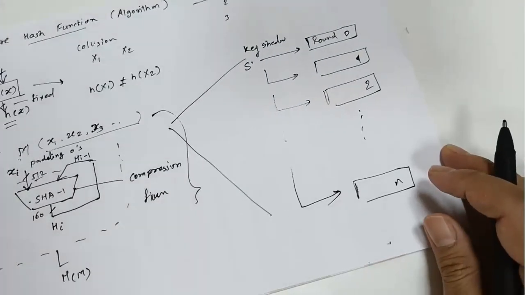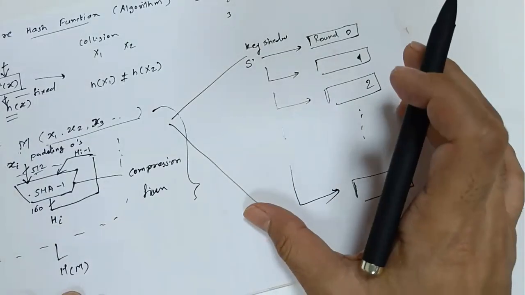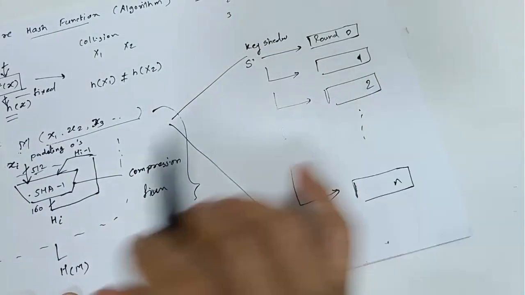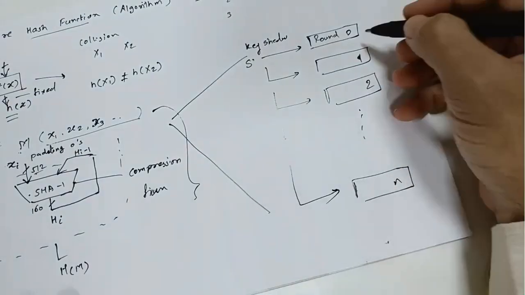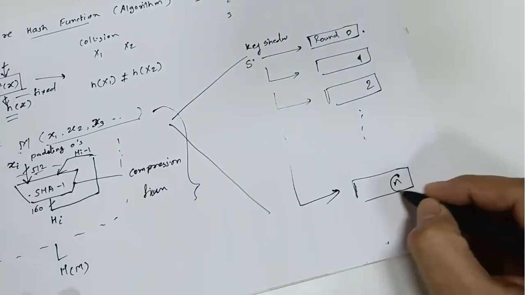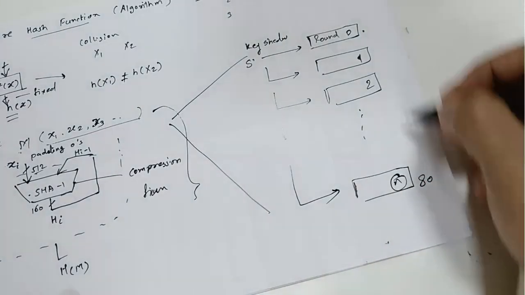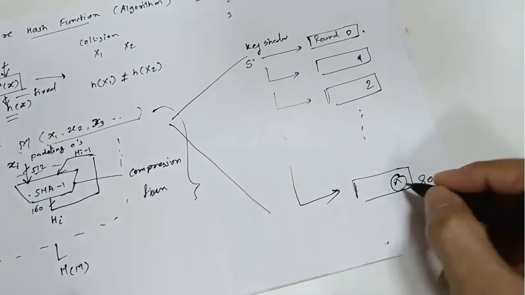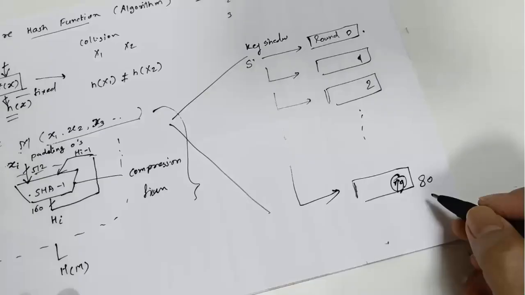Now let us see how this is modified for SHA. Basically, SHA has 80 rounds. If you start with 0, it will go up to 79, so 0 to 79.